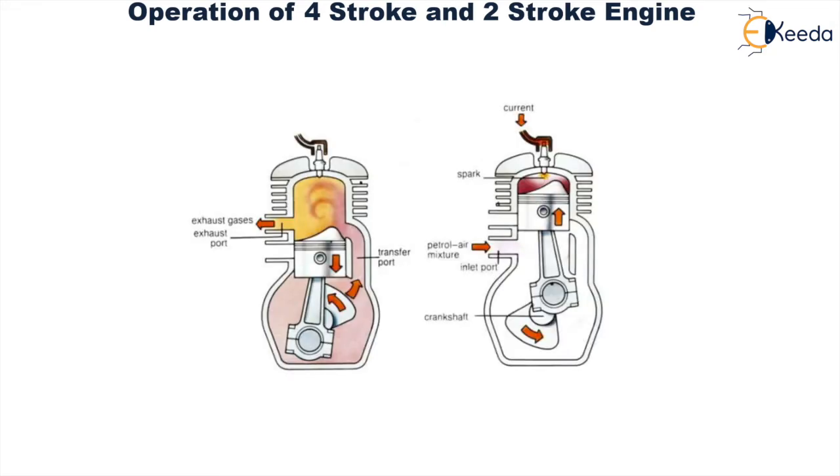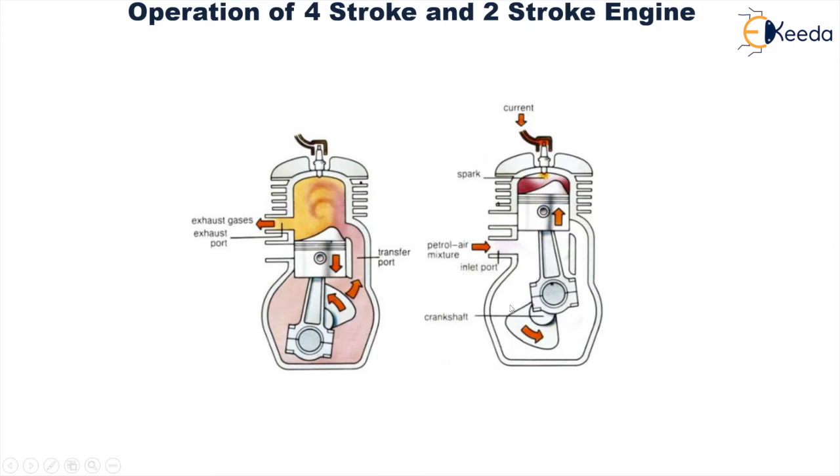You can see over here, when the piston is going in a downward direction, we'll start from this and then we'll come to this. When the piston is going in an upward direction, suction is created in this crankcase, and when the inlet port is uncovered due to the suction created over here, fuel air mixture is drawn inside the crankcase.